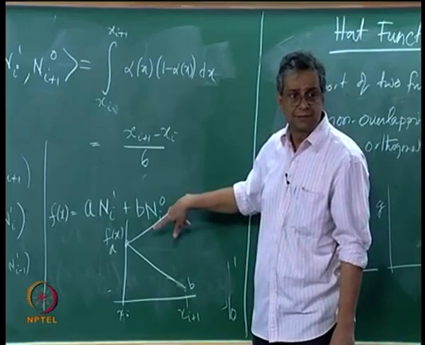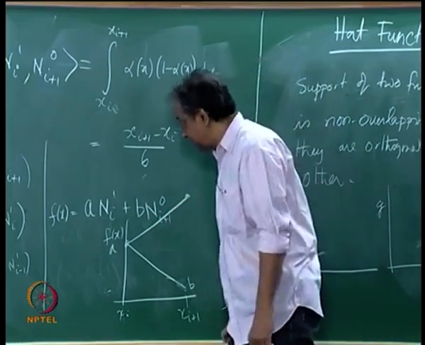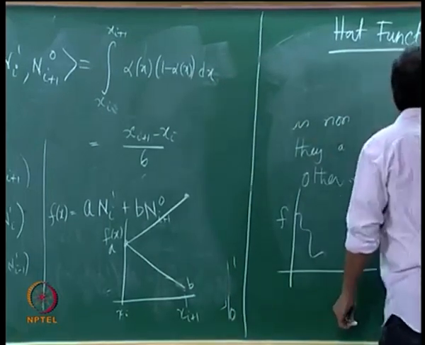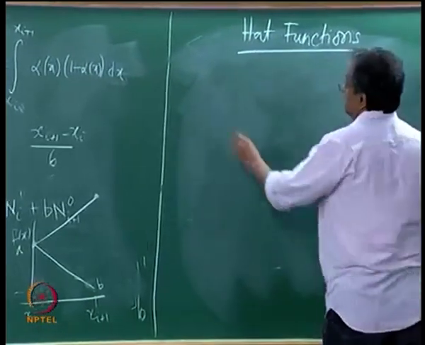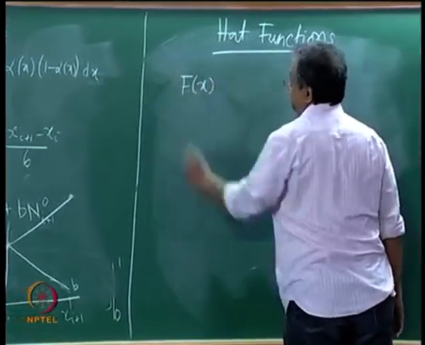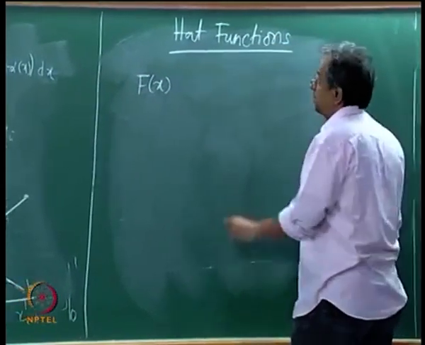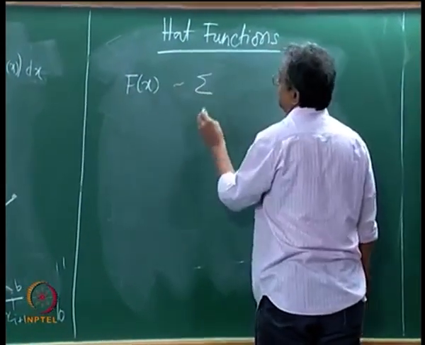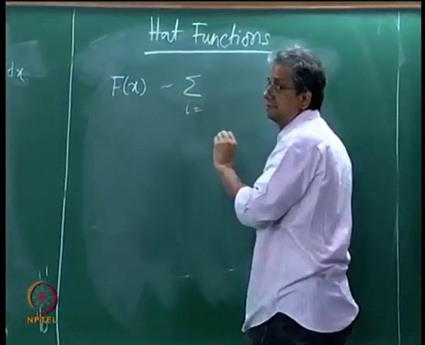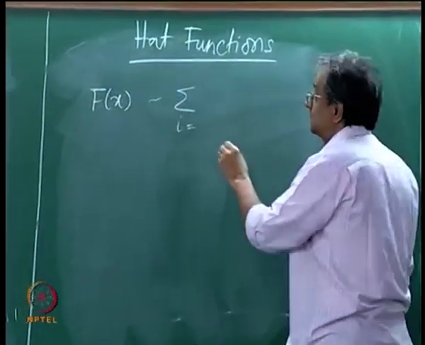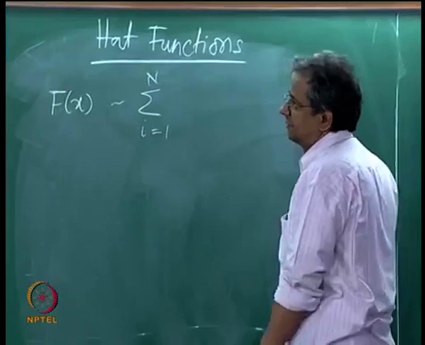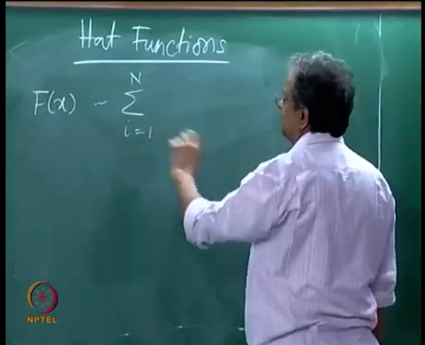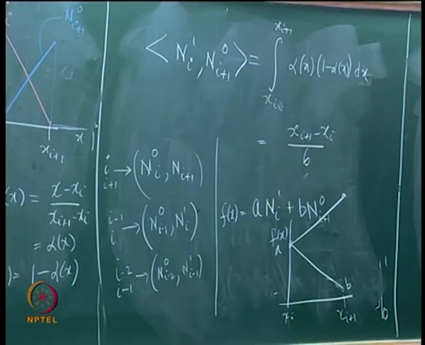Okay. So a ni plus b ni plus 1 allows me to get a linear interpolant in the interval xi plus 1. So in general, if I had an arbitrary function f of x, I should be able to write this f of x as a summation, I equals 1 through n. We have to figure out what happens at the intervals elsewhere towards the beginning and end. Anyway, we have n intervals, I equals 1 through n.